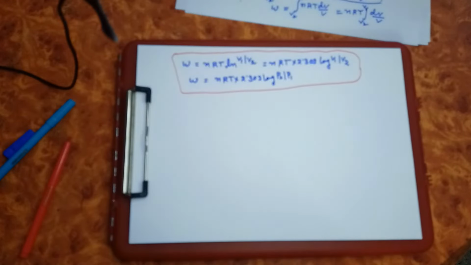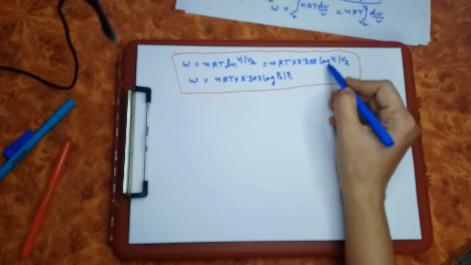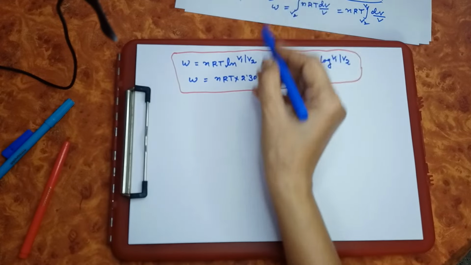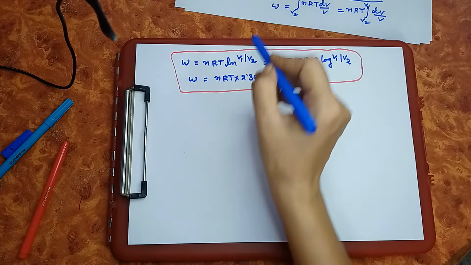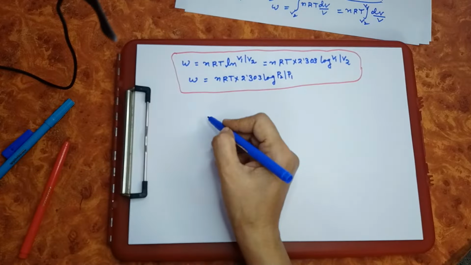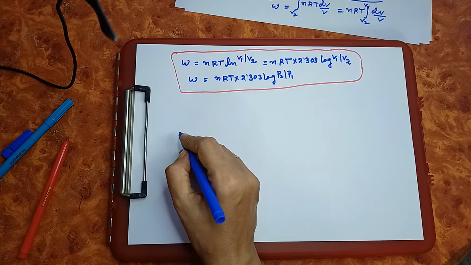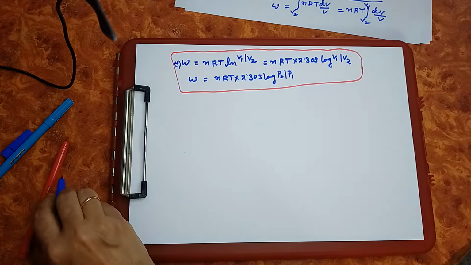You compressed from initial volume V2 to final volume V1, so V1 is less than V2, which means log V1 by V2 will be negative. And because of the pressure positive, volume negative, this part will be negative. So negative and negative become positive. So work done on the gas by the surroundings will be positive.